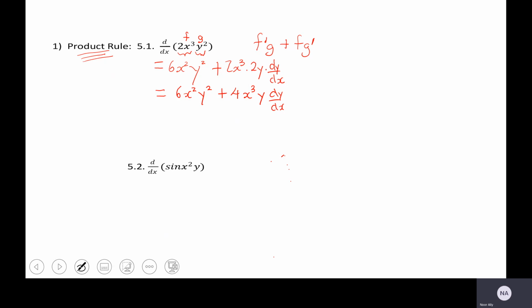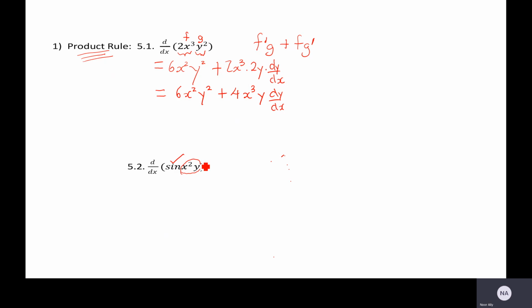Let's look at 5.2. d/dx of the sine of x squared y. So I want to differentiate sine of x squared y. Now, according to our chain rule, first I will differentiate sine, and then I will differentiate x squared y. However, x squared y is a product in itself.